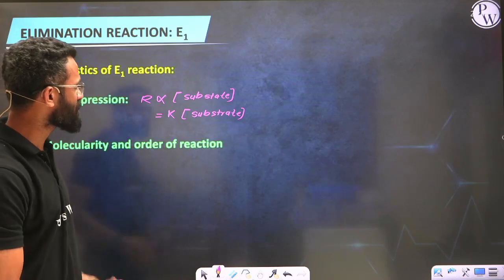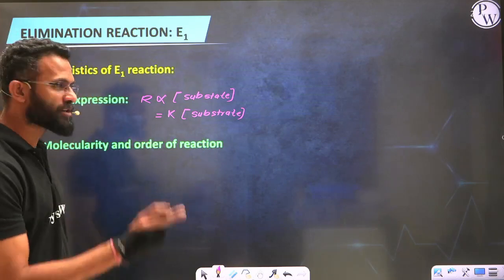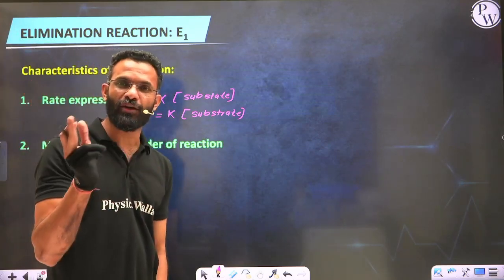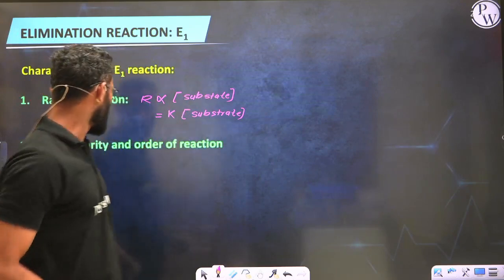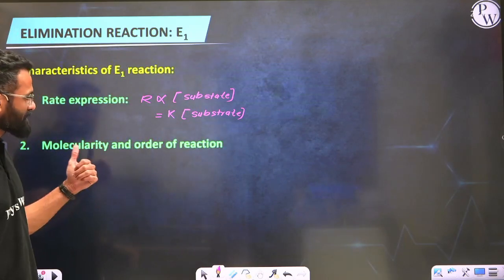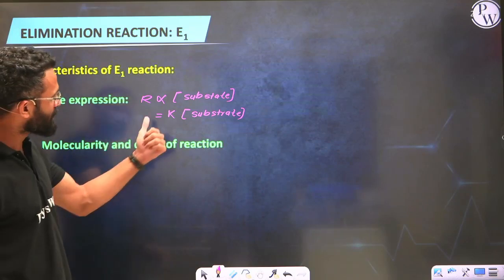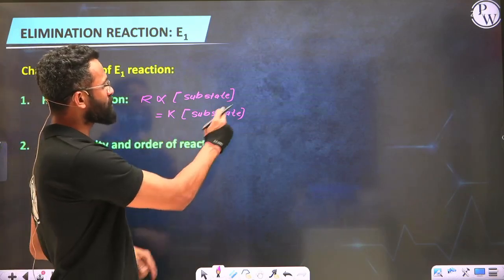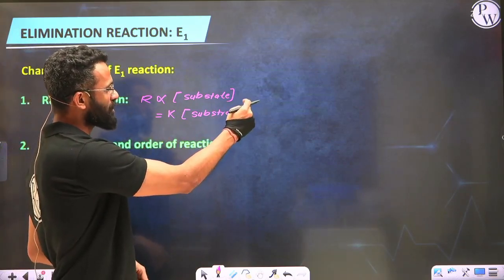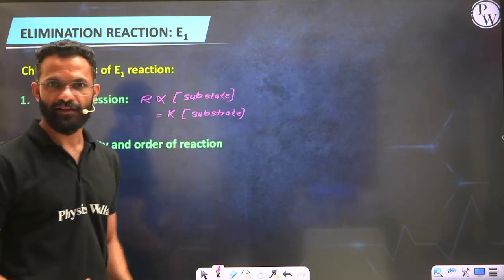From this we can also see, because in RDS only one molecule is involved, that is the substrate, we will say molecularity of reaction is 1, and in the rate expression substrate is to the power 1, so the order of reaction is going to be first order.